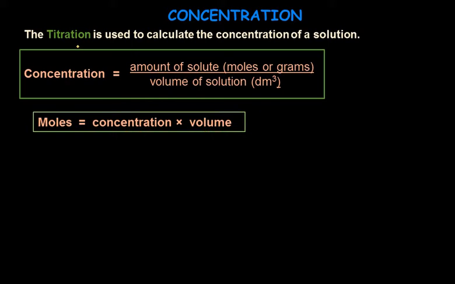Now let's understand how we can use titration to calculate the concentration of an unknown solution. Suppose we have two solutions, of which for one solution we know the concentration. So that's a known concentration solution, and then we have another solution of an unknown concentration.